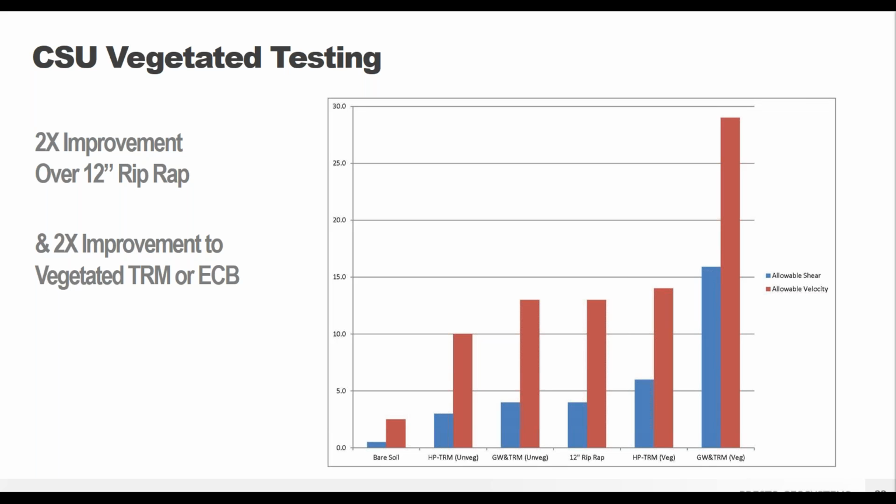It also outperforms things like turf reinforcement mats alone, and doubles the acceptable velocity and shear stresses compared to things like bare soil. So the key takeaway from all of this is that the GeoWeb system provides twice the protection of 12-inch riprap stones, and is going to be a better solution than a geotextile blanket or anything like that.